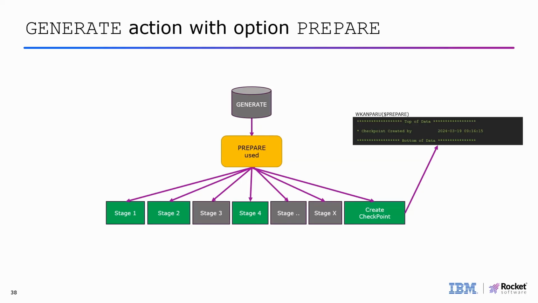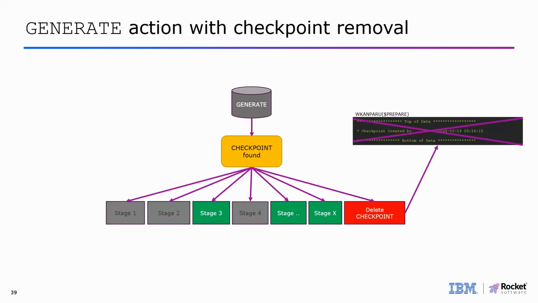Okay, and we will do that, and at the end of that prepare action, we would think about something like a checkpoint that tells us, hey, this is all good until the checkpoint is received. If the customer is then happy, all these jobs have been run successfully, all these tickets have been closed correctly, he or she would run the generate action again without the prepare option, and the generate would recognize there was a checkpoint, and I don't need to do all the stuff that happened before the checkpoint.